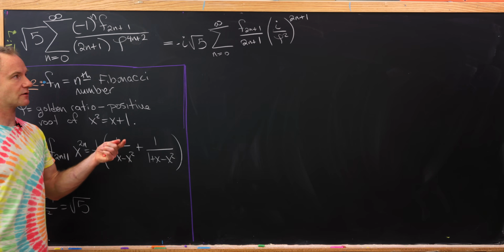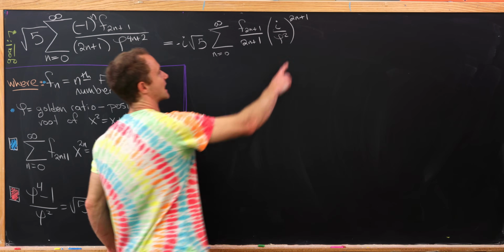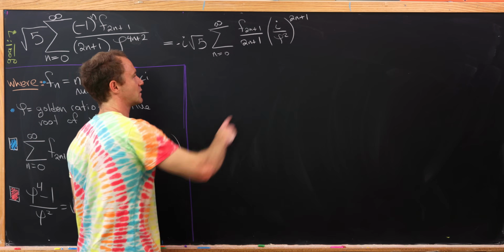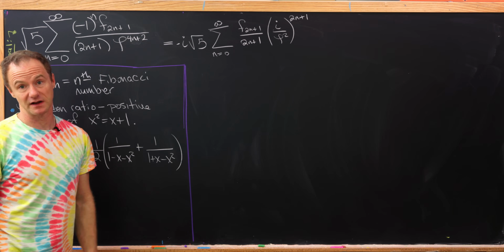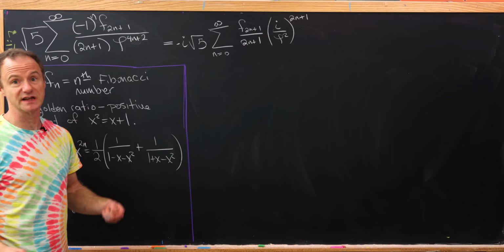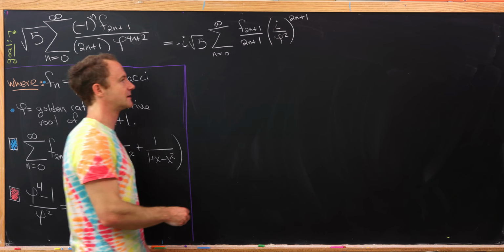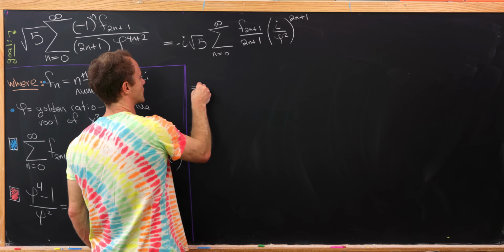But looking at it like that, it really looks like an integral. Notice we've got an exponent here, which is 2n plus 1, and that 2n plus 1 is in the denominator. It looks like we've integrated and evaluated. And in fact, that's exactly how we'll write this.